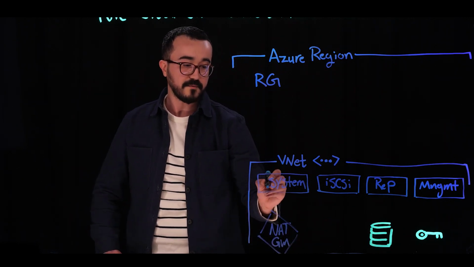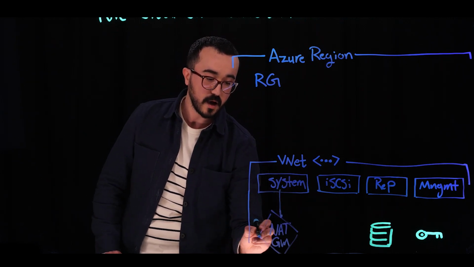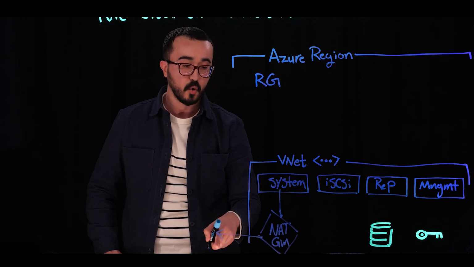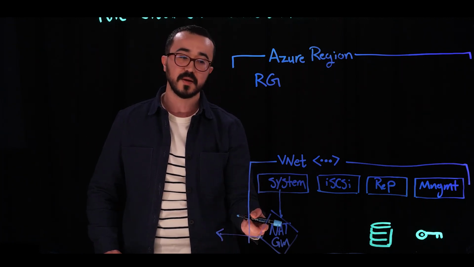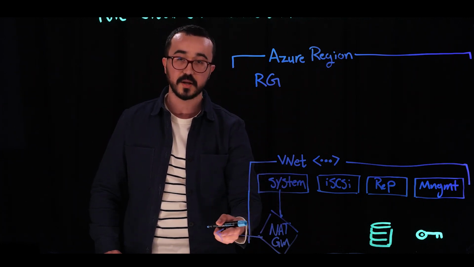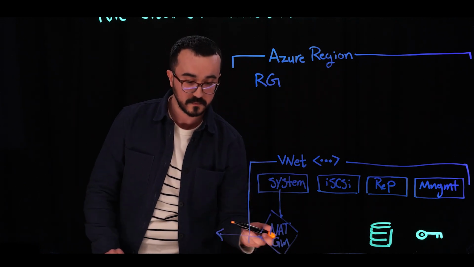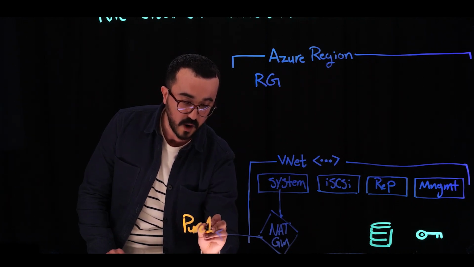You have to connect that NAT gateway to the system subnet, and then the NAT gateway would make sure that you can have outbound access to the internet, where we use that for phoning home, and also during the deployment, the CBS, or the Cloud Block Store, has to go through the internet to register its licensing into Pure One. So this is a very important requirement you have to meet.